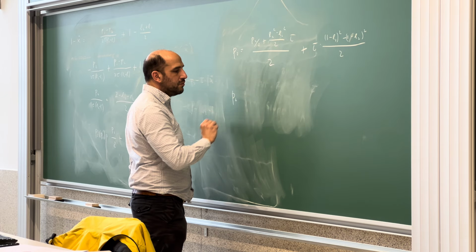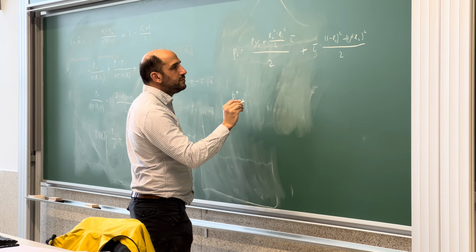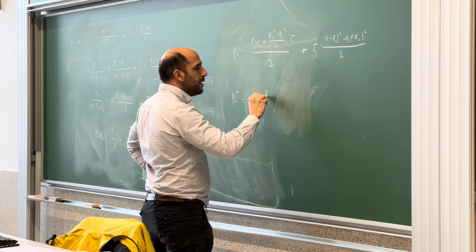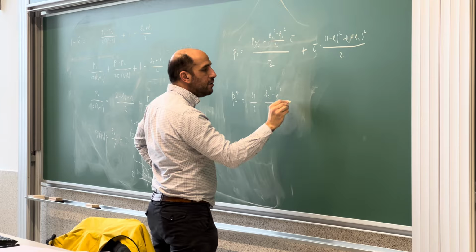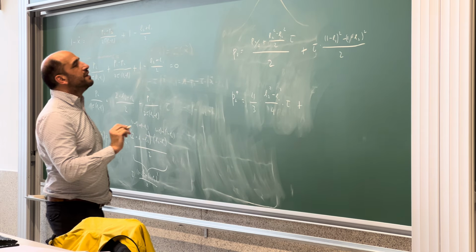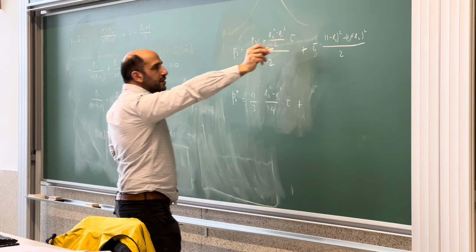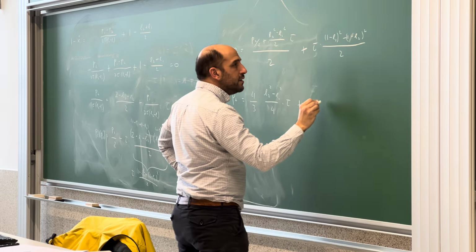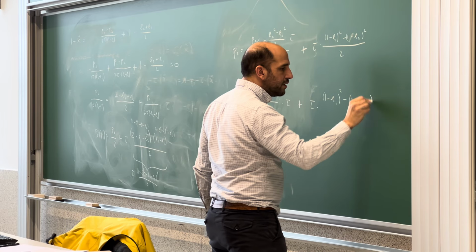So P2 star is going to be equal to 4/3 times L2 squared minus L1 squared over 4 times tau, plus tau times 1 minus L1 squared minus 1 minus L2 squared over 2.